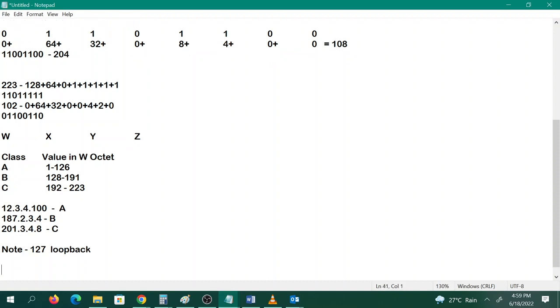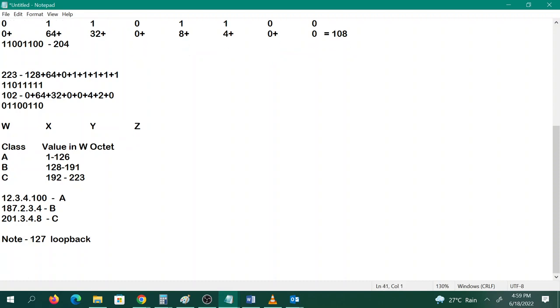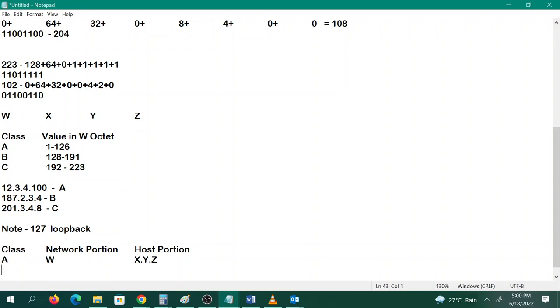In class A, the network portion is the first octet, W, and the host portion is X.Y.Z. All three octets are part of the host portion, and the network portion is W only.